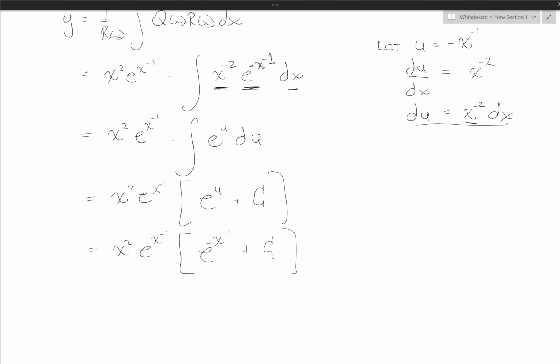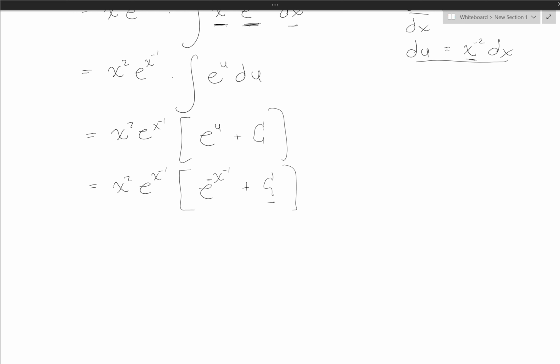If I keep the c, I can start multiplying things out, or I can leave things as they are. This is y. So we have x squared e to the x to the negative 1 times e to the negative x to the negative 1, they cancel, so it just becomes x squared plus c times x squared e to the x to the negative 1.